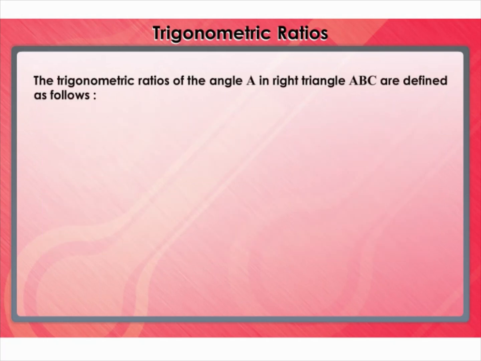The trigonometric ratios of the angle A in right triangle ABC are defined as shown.